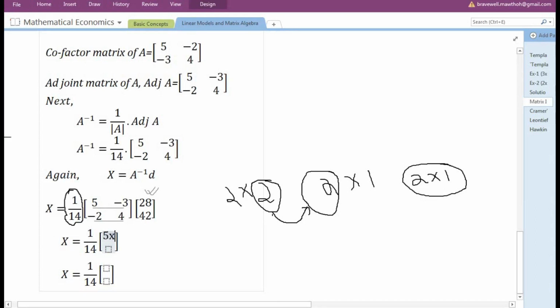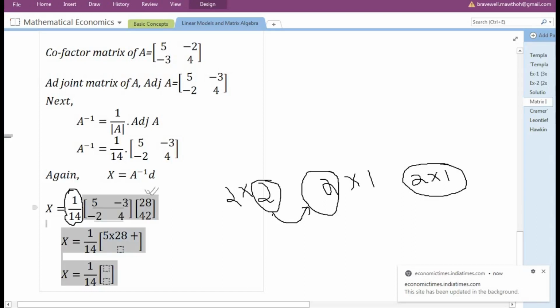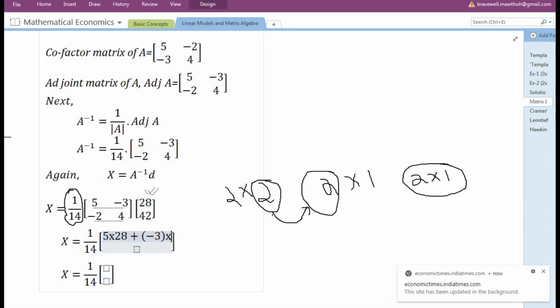Five times 28, plus minus 3. I'm going to keep minus 3 within brackets, times 42.